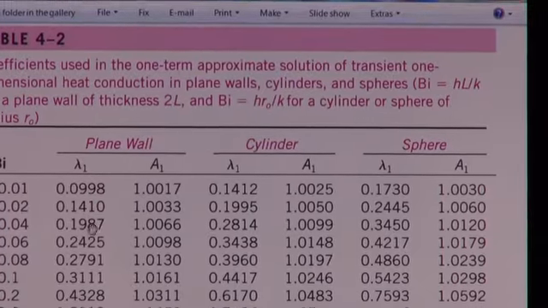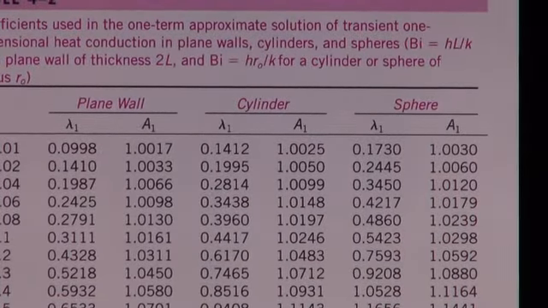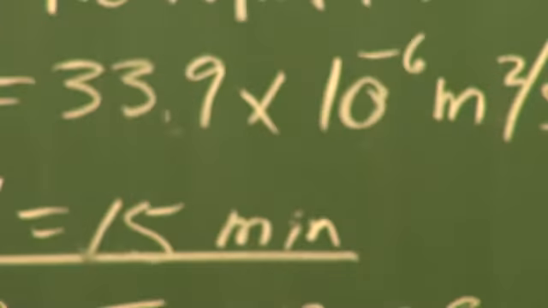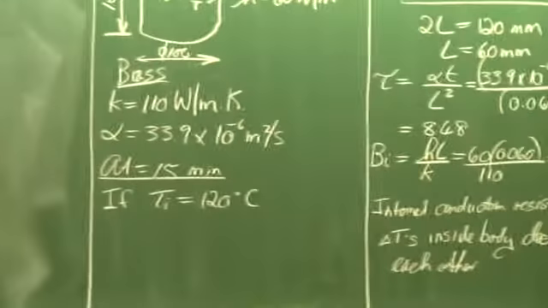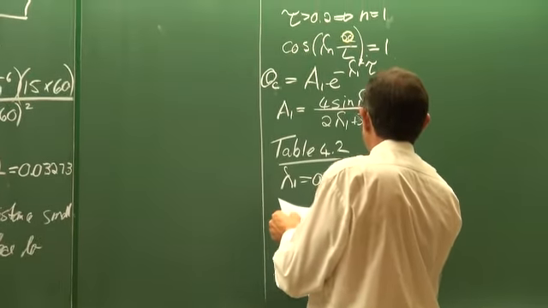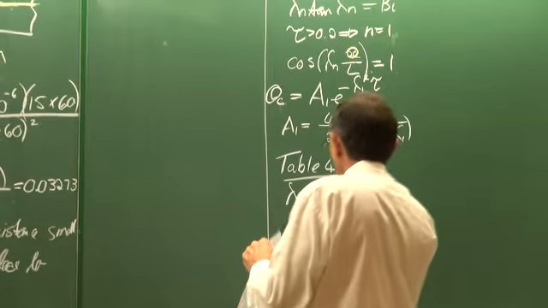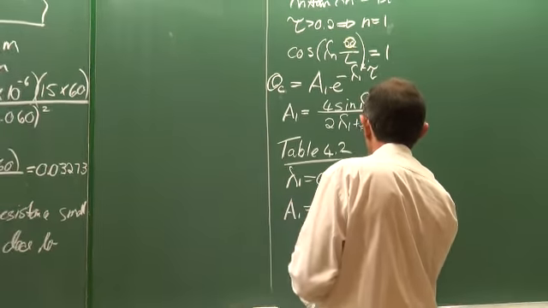And lambda must be between 0.19 and 0.14 approximately. So you can go and get it from the table, or you can go and solve it. I've solved them, and it gives me lambda 1 is equal to 0.1799, and A1 is equal to 1.005.